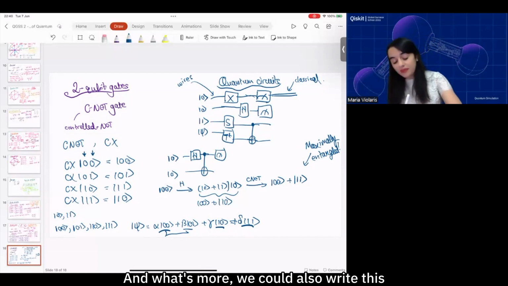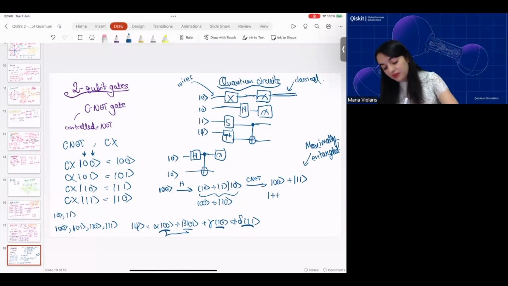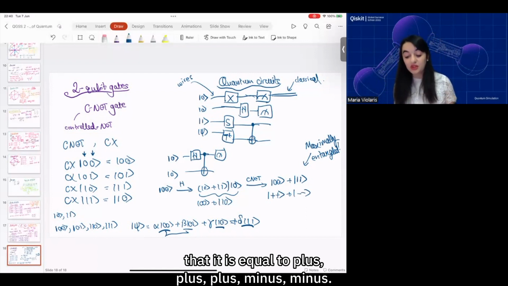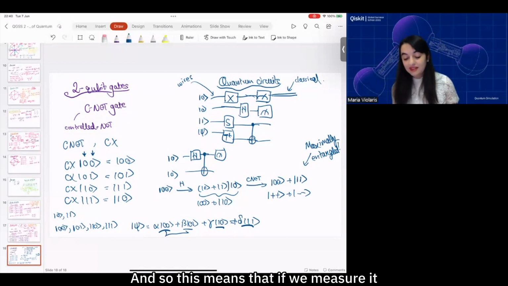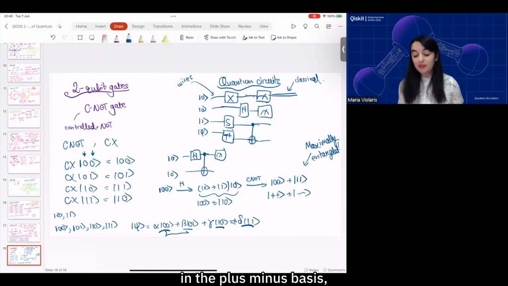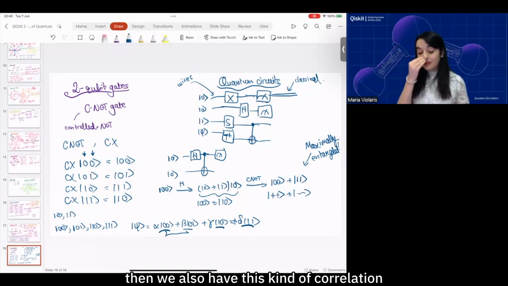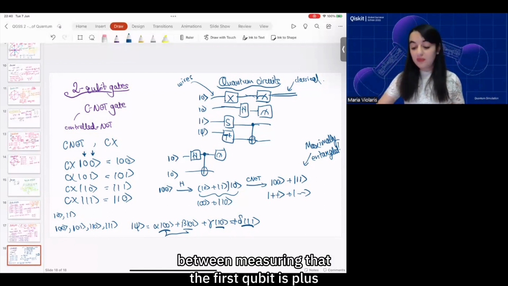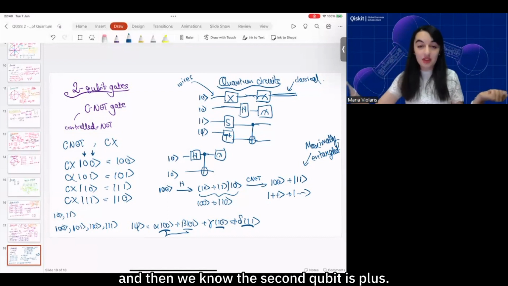And what's more, we could also write this in terms of plus and minus, and it works out that it is equal to plus plus plus minus minus. And so this means that if we measure it in the plus minus basis, then we also have this kind of correlation: if we measure the first qubit as plus, then we know the second qubit is plus.